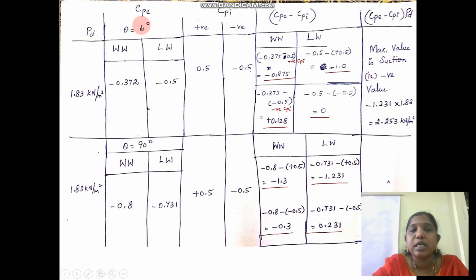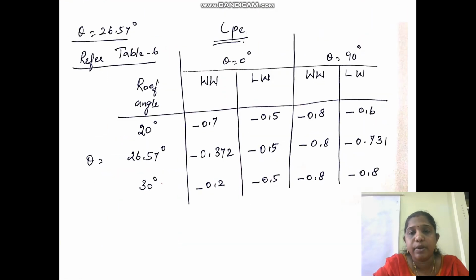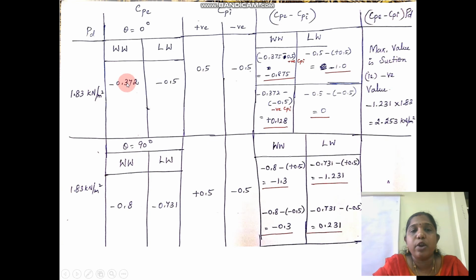You know your external coefficients for theta equal to 0 degrees, windward side and leeward side, which we calculated in the previous calculations: minus 0.372 and minus 0.5. For the CPI value, based on the percentage of openings, you have two values, plus or minus 0.5, because there might be positive internal pressure and negative internal pressure, that is vacuum. So plus 0.5, minus 0.5. This is CPE minus CPI.